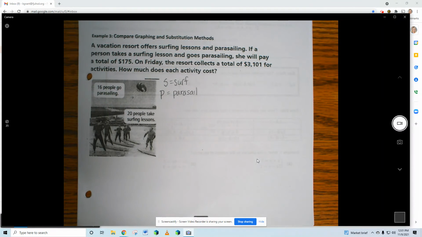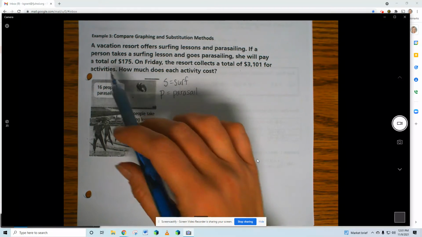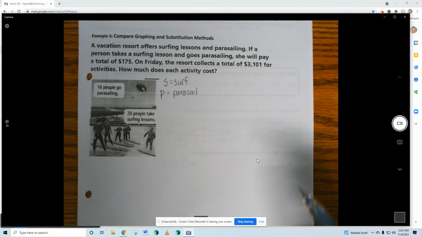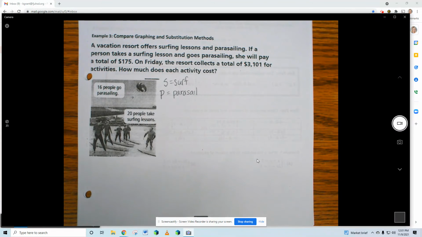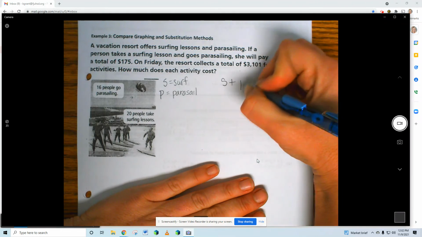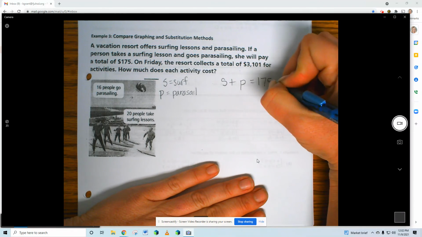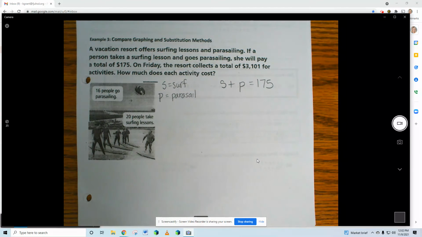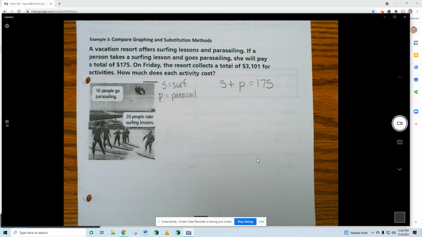Now, if one person does both activities, I'm going to pay $175. So if I surf and I parasail, that cost will be $175. I'm going to set that up as an equation. S plus P is 175. That would be just one person surfing once and parasailing once.